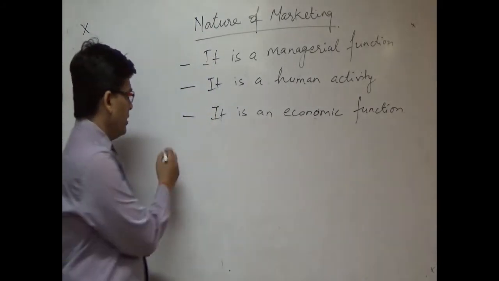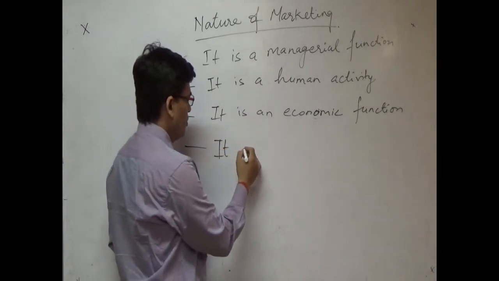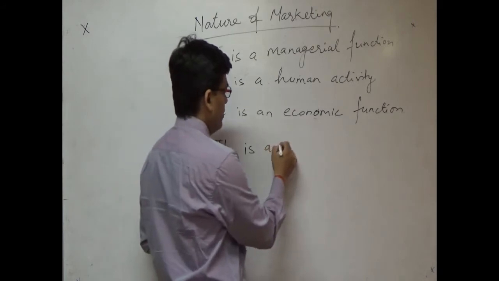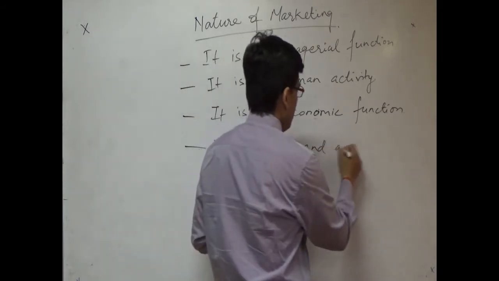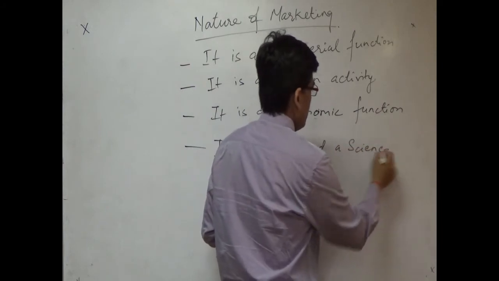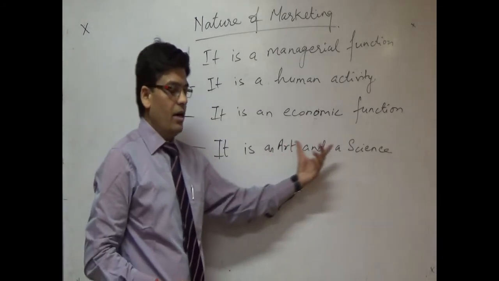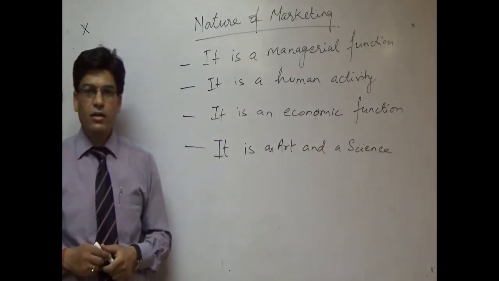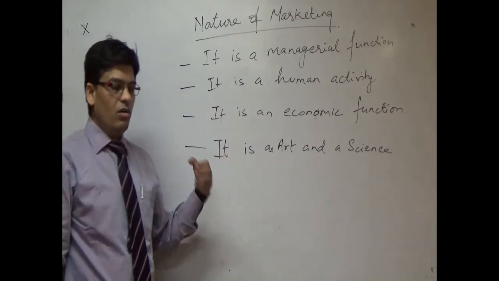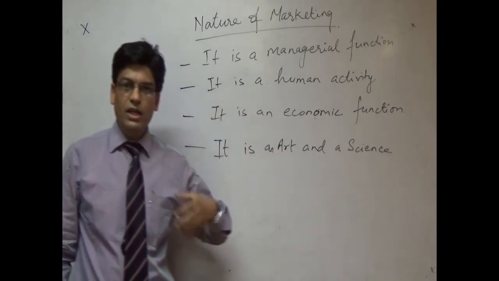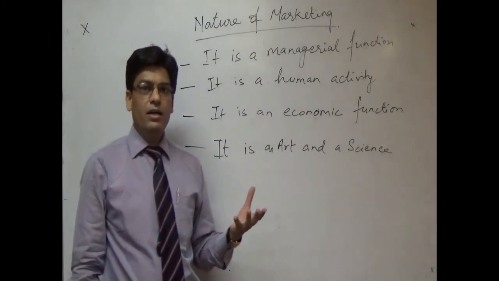Now, marketing is regarded as an art and a science both. Why do we say art? Because it is the art of dealing with people, the art of creating demand.